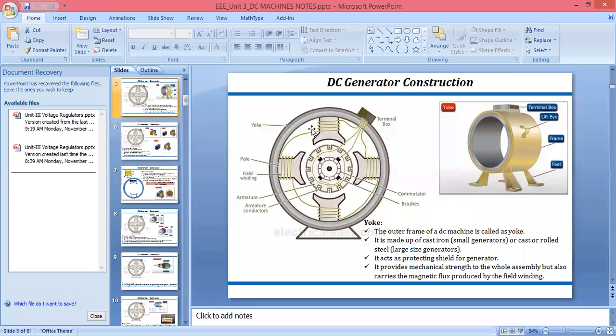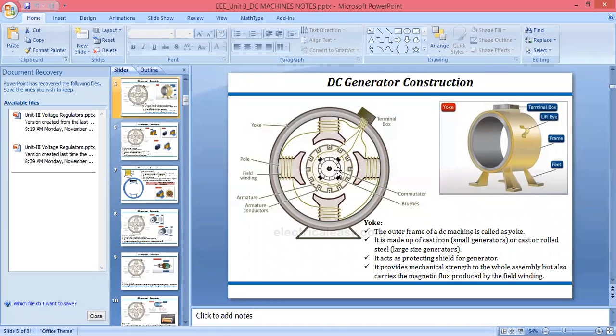We do the field winding on the poles, and this winding we do in a series path, but they are in parallel. You can see here on one pole it is in series, but we are connecting the remaining poles in the parallel path. So the poles are the stationary part, or the stator, of the DC machine, DC generator and the DC motor.